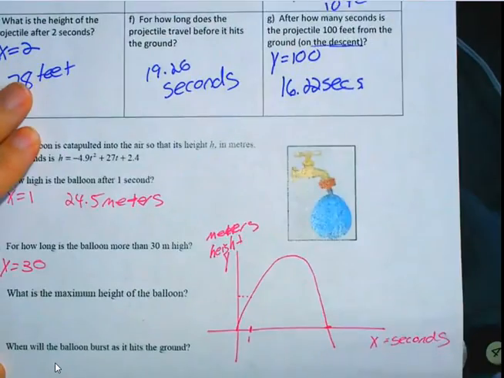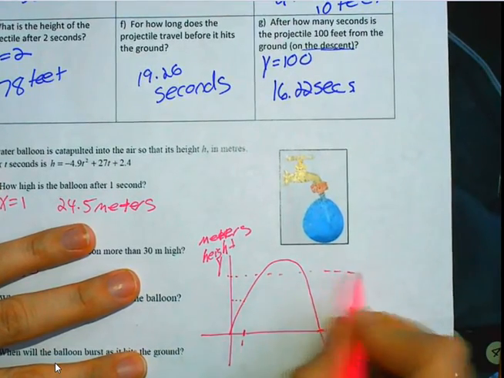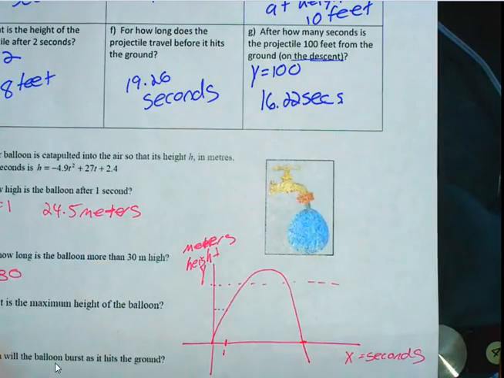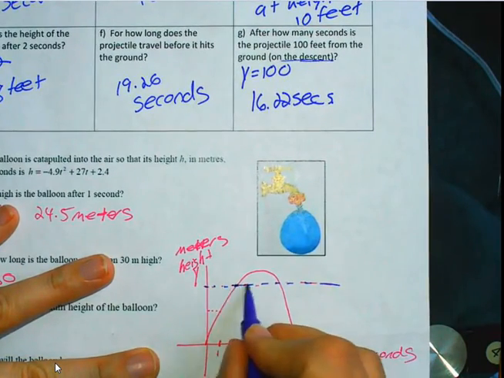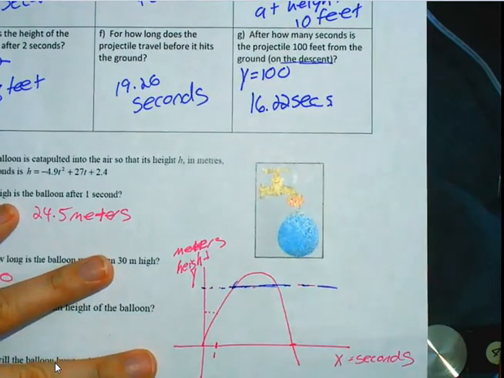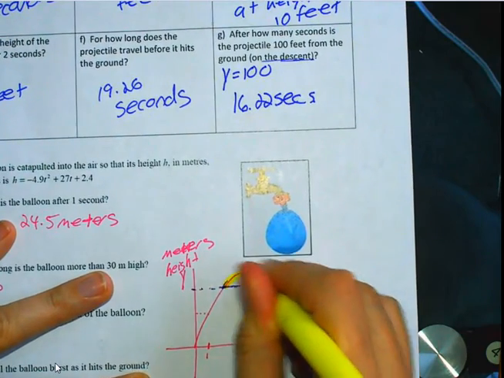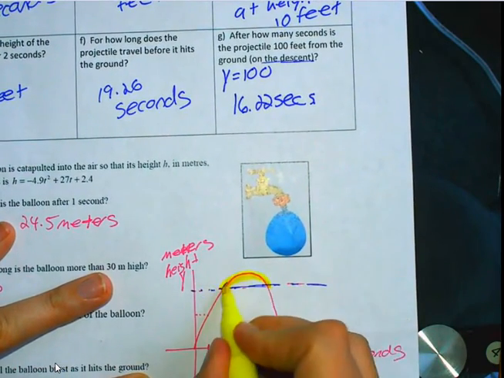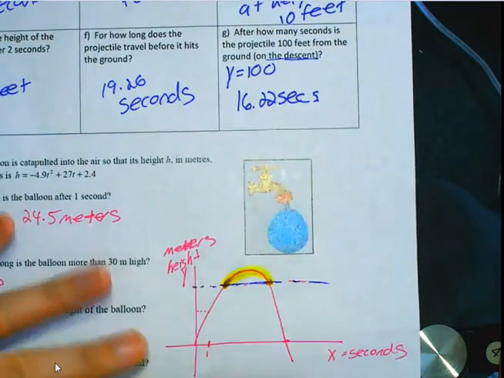Okay, so y equals 30, let's say, somewhere here. Well, if y equals 30 here, anything above this is when that balloon is higher than 30. So the time between this intersection and this intersection is going to tell you the time it's above 30 meters.